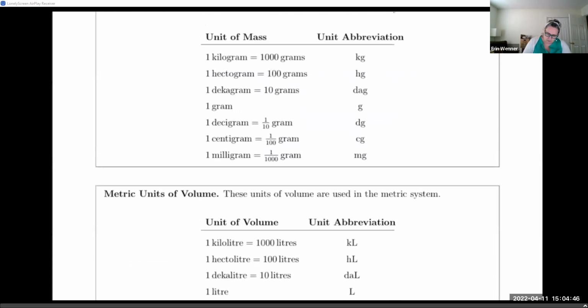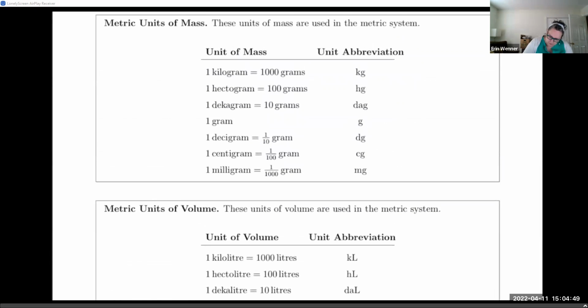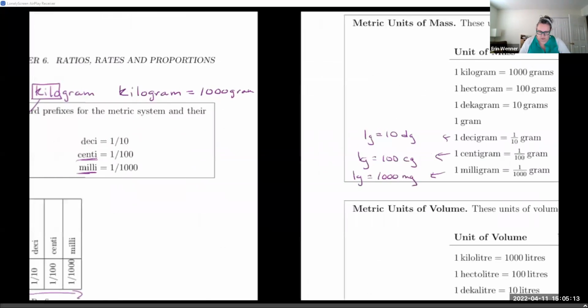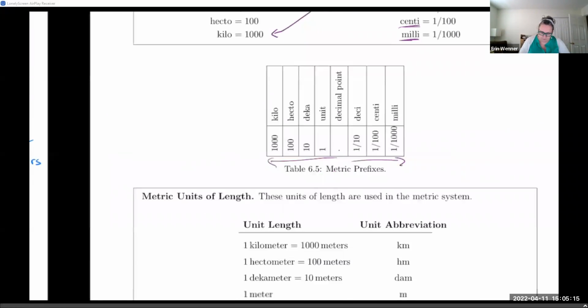And to make these ones easier, we can also say that 1 gram is equal to 10 decigrams, 1 gram is equal to 100 centigrams, and 1 gram is equal to 1,000 milligrams. We go back to the previous page just so we fill in that same information.